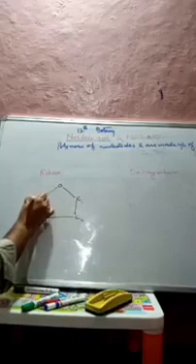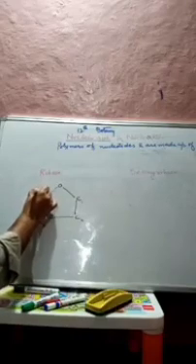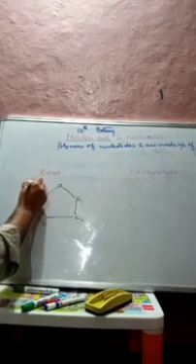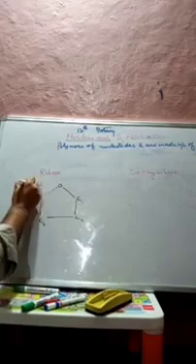If we go on naming these carbons, this is carbon 1, carbon 2, carbon 3, carbon 4, and there is one more which is CH2OH, like this.